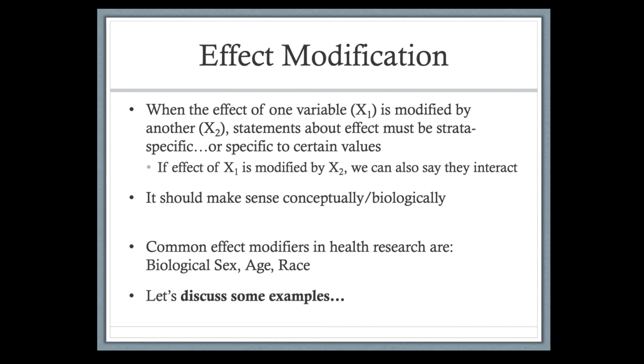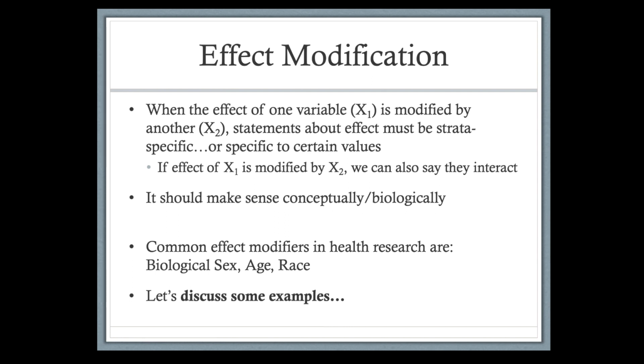Or age is a very common effect modifier. The effect that exposure has on some health outcome might change depending on if someone is middle-aged or very old. So again, age may be a modifier. And a final common one is race. So again, the effect some exposure has on some health outcome may depend on someone's race.